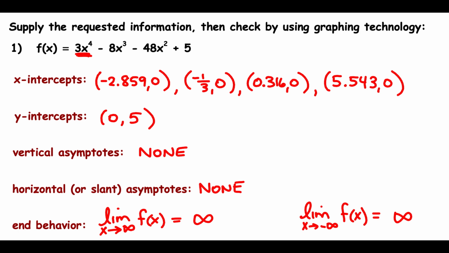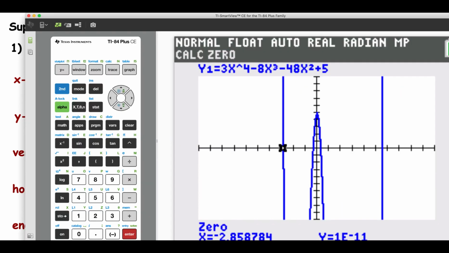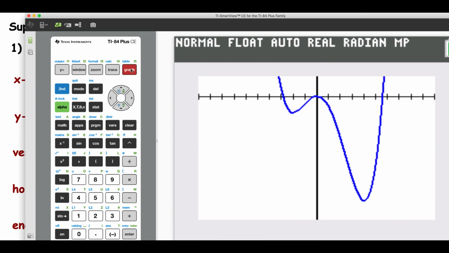And you can see that when you look at the graph. You can see that as you head out to the right or to the left, it's heading up to the sky. That is a big W if I were to zoom out a bit. In fact, I think I will. You can see that the maxes and mins are behaving exactly as we said they would.